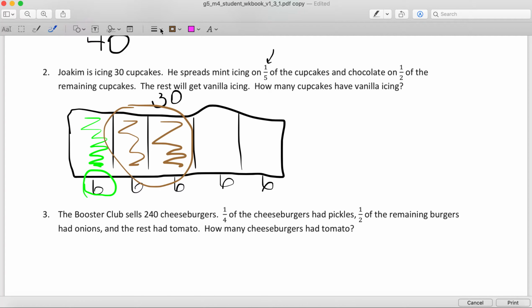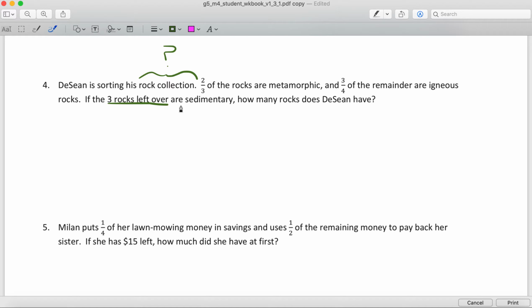It says 2/3 of the rocks are metamorphic and 3/4 of the remainder are igneous rocks. If the 3 rocks left over are sedimentary, how many rocks does Deshaun have? Yeah. So that's the part that we don't know.